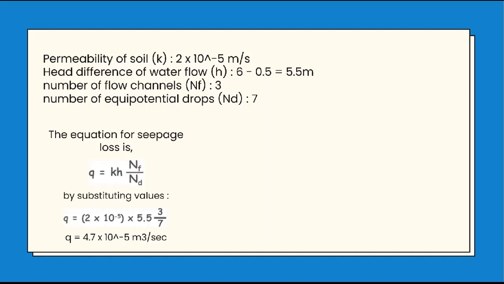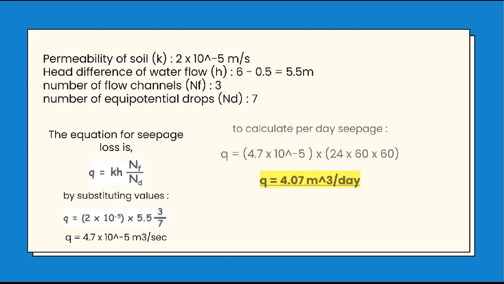But the unit is meter cube per second, and the required unit is meter cube per day. So we just have to convert the second into day. To calculate per day seepage, we just have to multiply this answer by 24 times 60 times 60. We all know that, right?